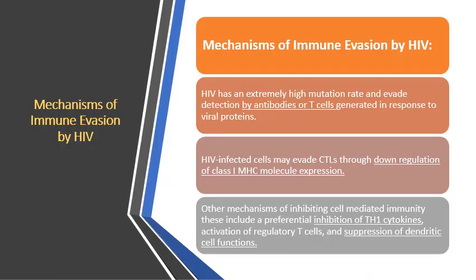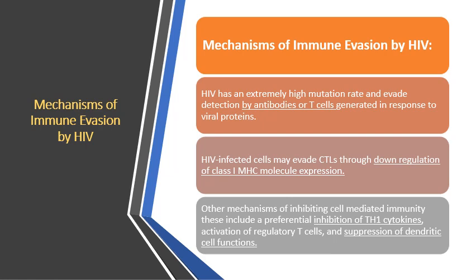We have to know why this virus can evade the immune system. There must be a mechanism used by this virus to evade the immune mechanism. We can see it in this slide. HIV has an extremely high mutation rate.